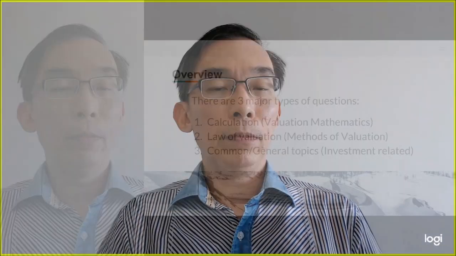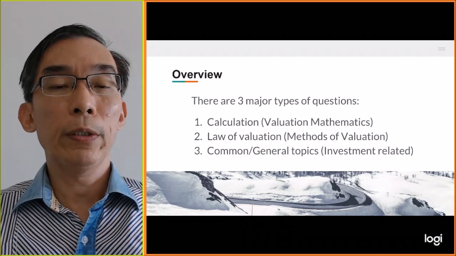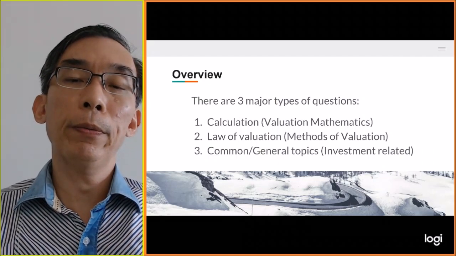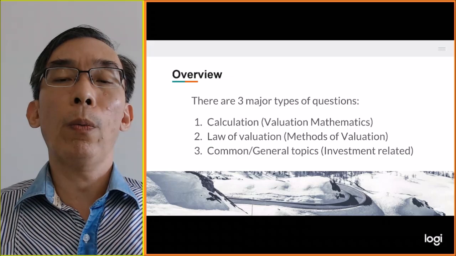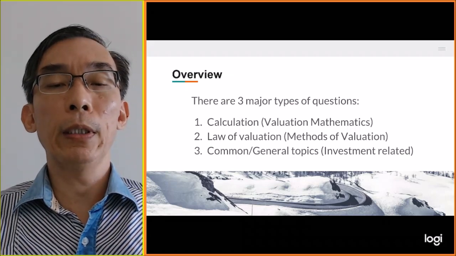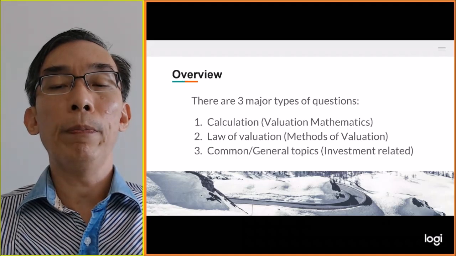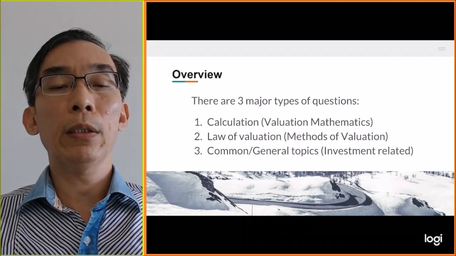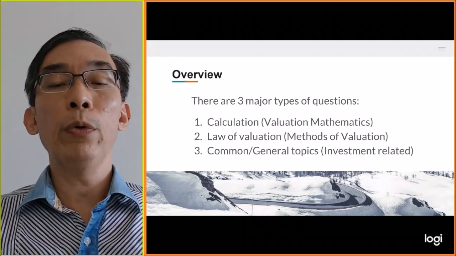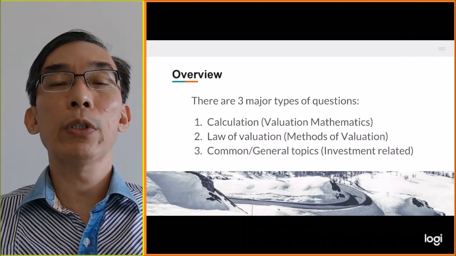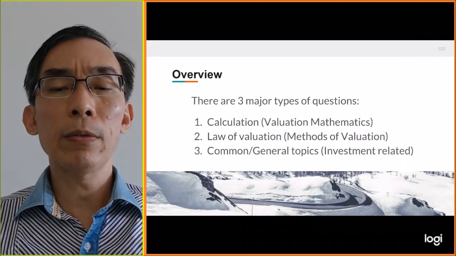Let me put this in the mode for seeing the areas of questions. The areas of questions in this paper: it is a very big calculation paper. There is a valuation mathematics section, and also one which is related to law a bit on valuation. That is the method of valuation, but this subject doesn't really ask the law part.